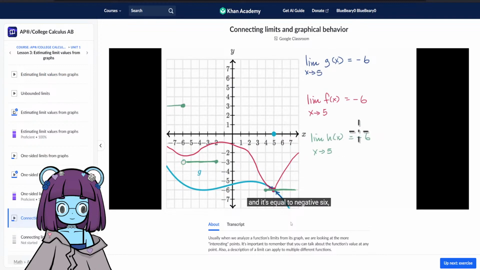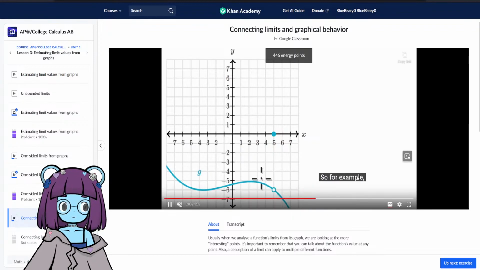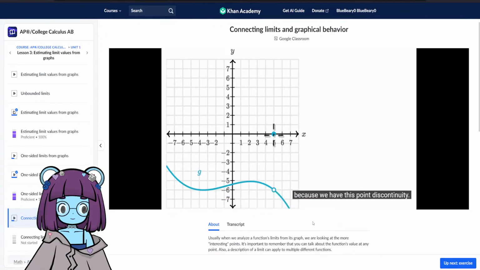Oh, it does exist at x equals 5. Oh, interesting. Let me move this over here. I can move the subtitles.